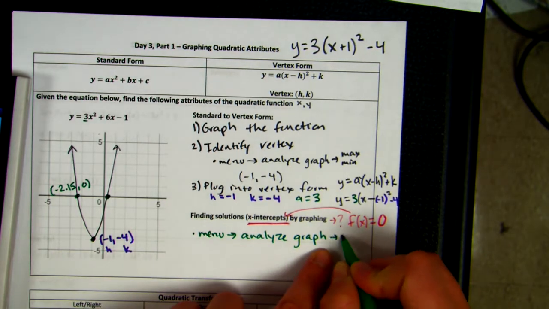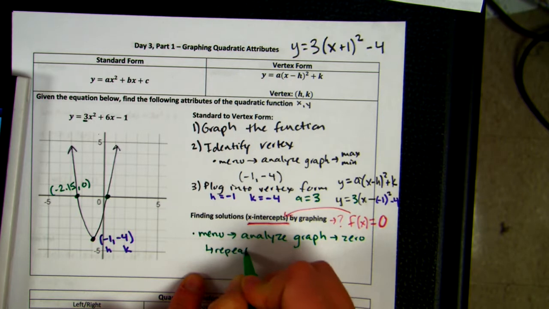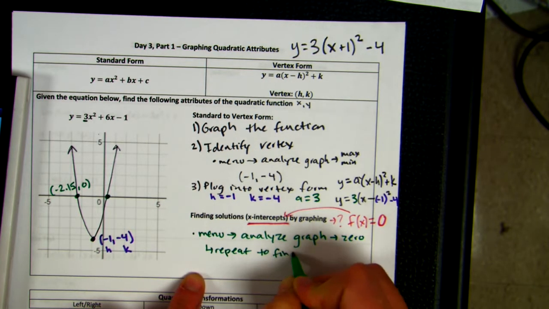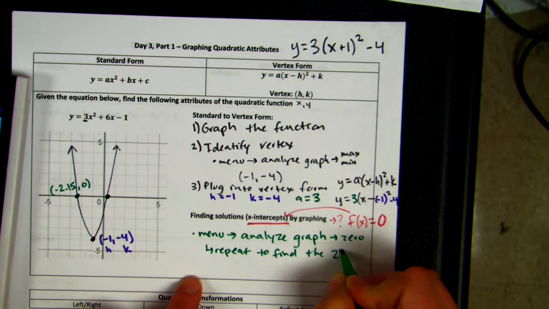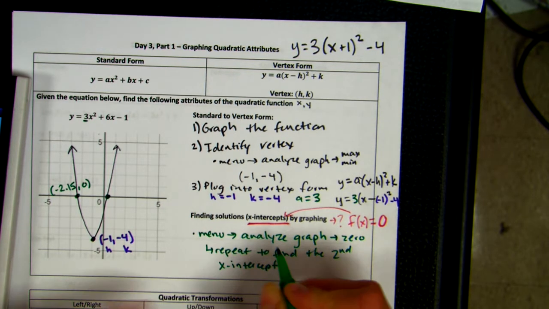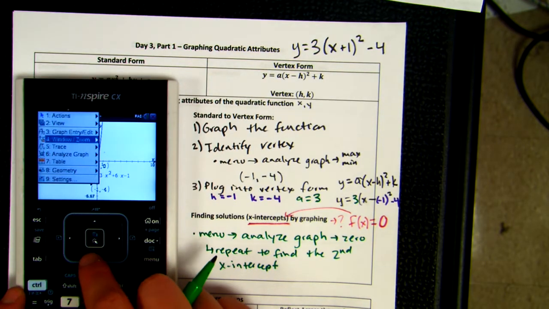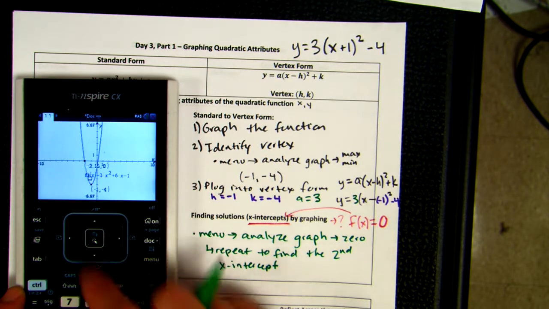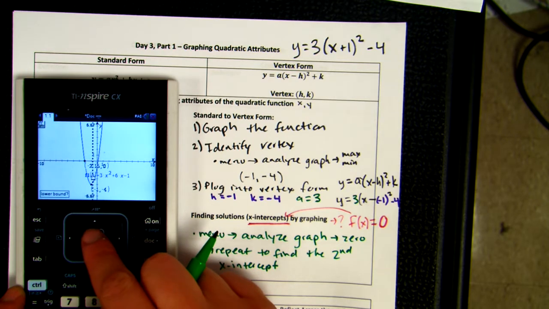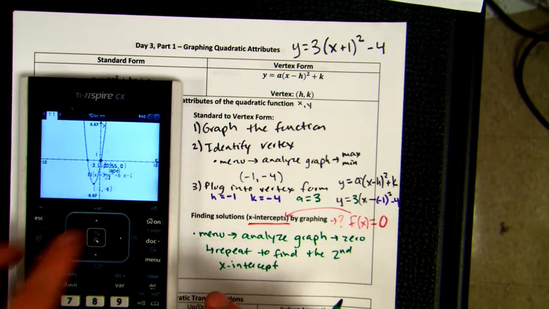So I go Menu, Analyze Graph, 0, and then I repeat this to find the second x-intercept if there is one. Okay, so I do the same thing again. I go to Menu, Analyze Graph, calculate my 0, scroll just to the left of my x-intercept, then scroll just to the right of my x-intercept.